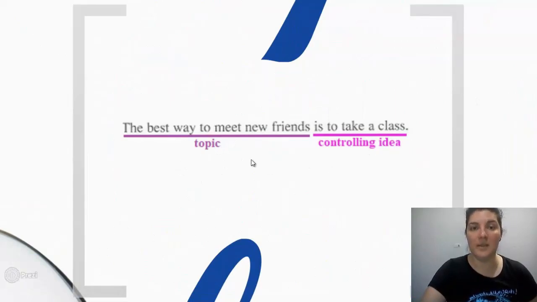In this sentence, the subject expresses the topic of our paragraph, and the idea covered in the predicate, which is the controlling idea, is the one we are going to expand in the supporting ideas. In few words, our paragraph is going to be about the best way to meet new friends. And the supporting ideas will give us information related to why taking a class will help us meet new friends.